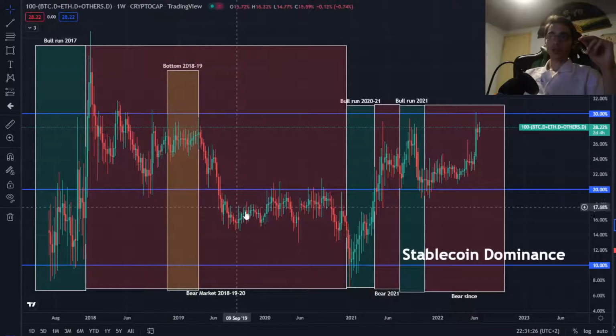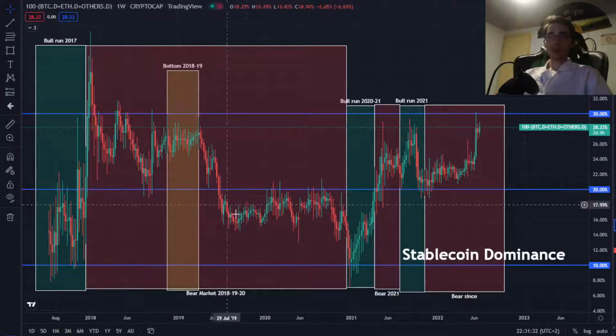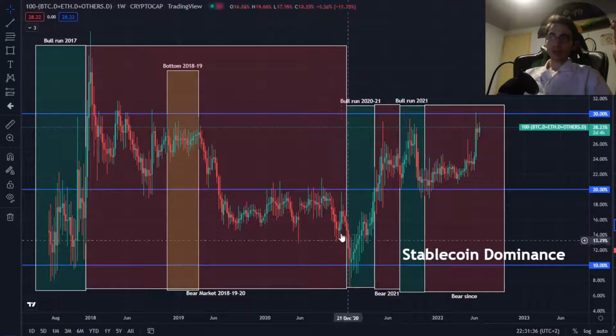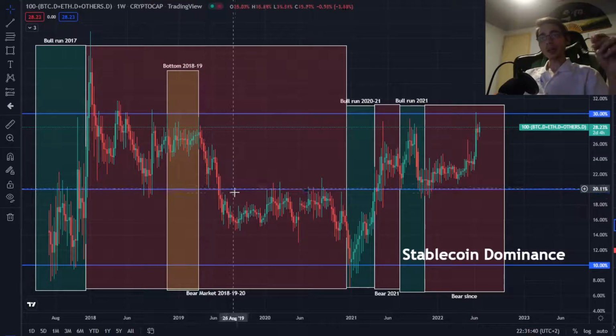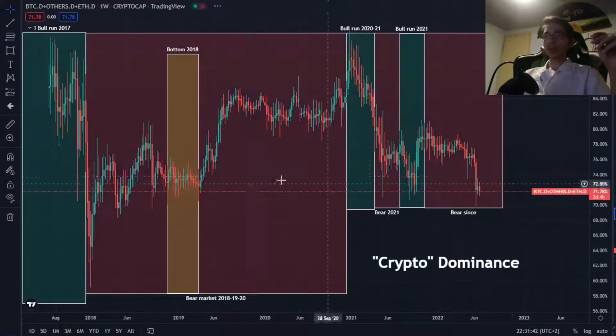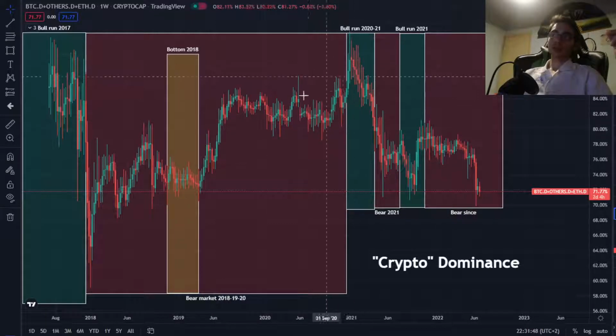Stablecoin just entering the market as the price was in the range of 3K to 20K, and they kept entering the market right here. Meanwhile, we had this rise, obviously, because stablecoins entered the market, they bought, and so the crypto dominance itself rose.